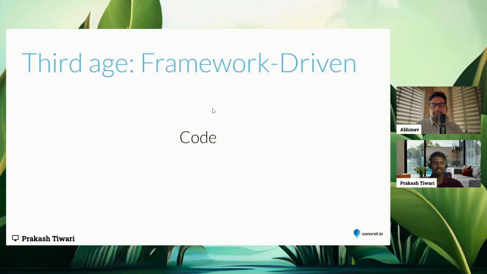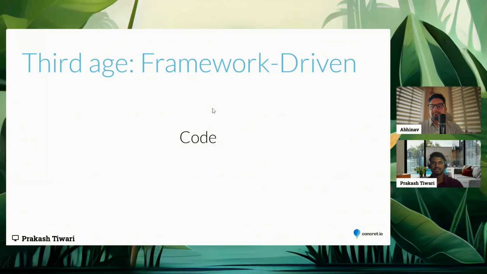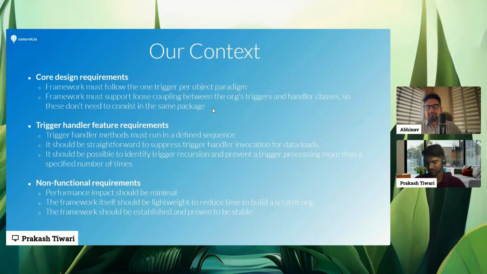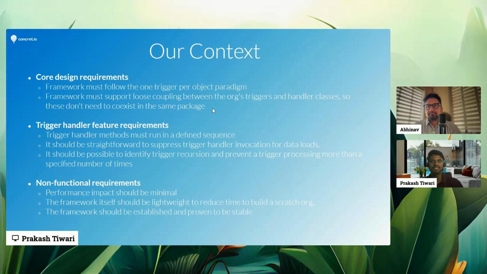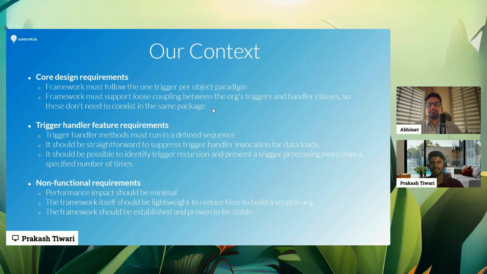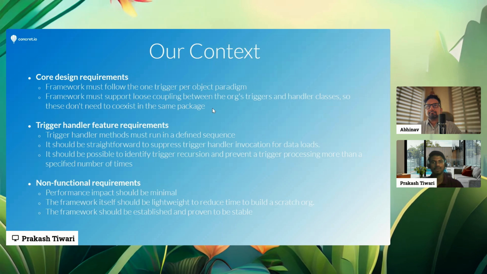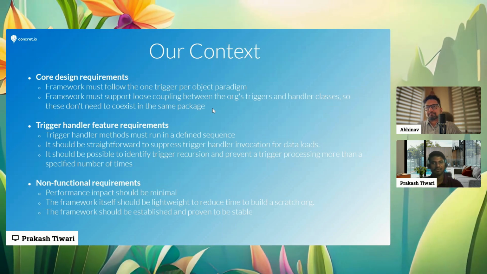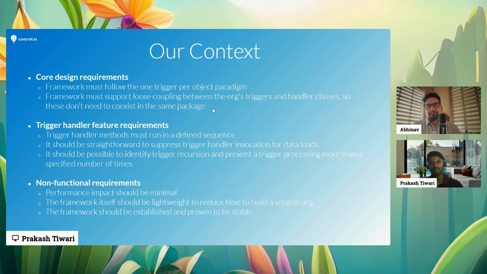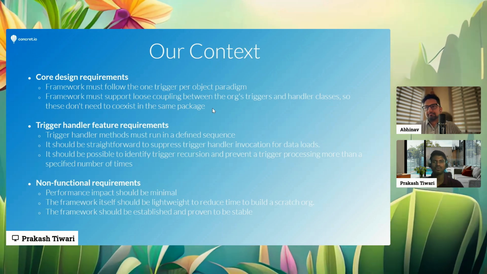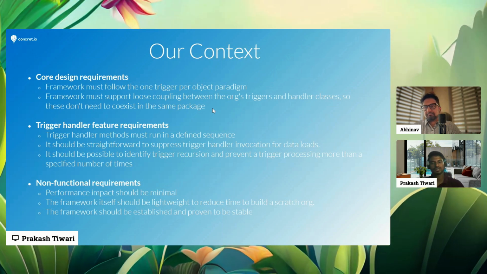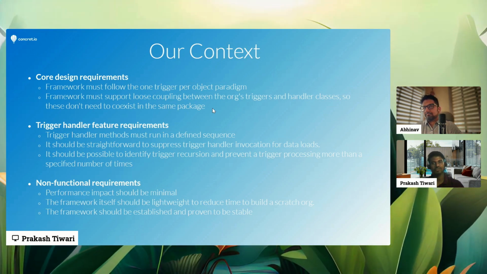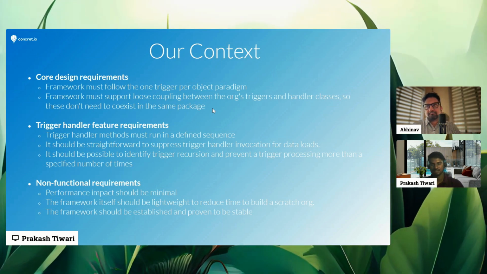So let's go to the slide and see our contest. As I already mentioned about the design scenario, here we'll have our own contest with the requirements we have, and based on the requirements we are going to discuss a few open source trigger frameworks, and then select which one fits our requirement.